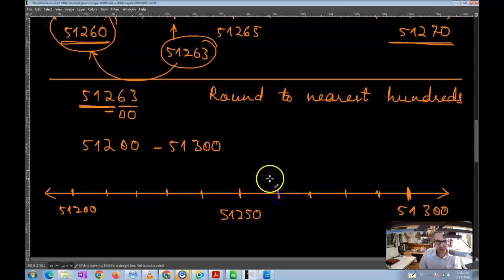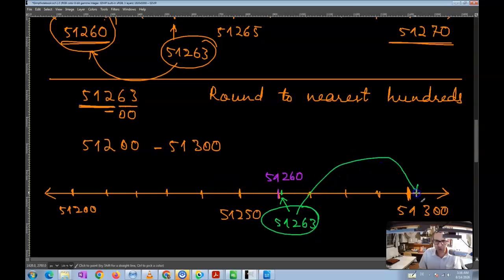So this number is 51,260, and 63 would be this number over here. You can see that this number is much closer to this number, which means that I'm going to take this number as the rounded version of this number.